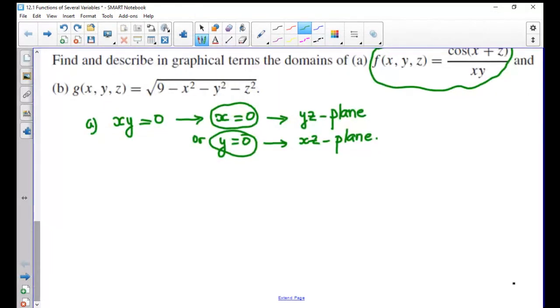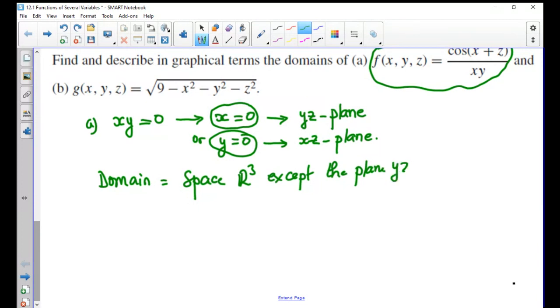So we'll just write the domain is the whole space R3 except the 2 planes, the plane YZ and the plane XZ, like this. Do you understand it? Yeah?